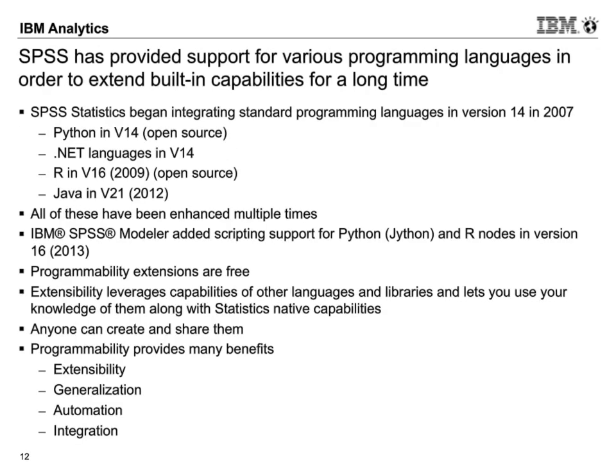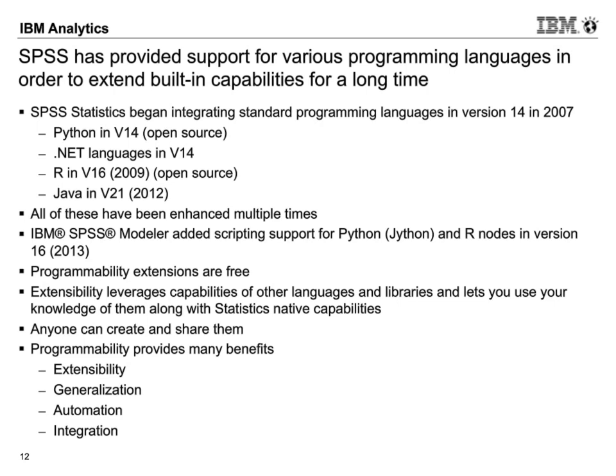Now, this is part of the reason why SPSS Statistics provides support for various programming languages, because it gives you the ability to extend the built-in capabilities of the product. We've been doing this for a long time, and we'll see the integration as we go through today. I'll show you some live examples. We started integrating the standard programming languages in version 14, which was released in 2007.